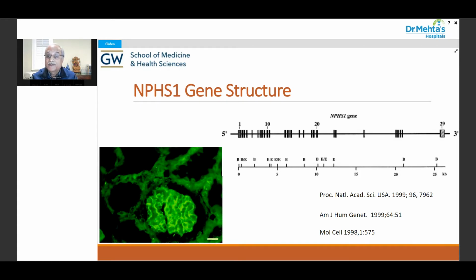What they did was that they actually took pieces of those genes and hybridized E. coli to form the product of that gene, which turned out to be nephrin. And that product that they derived, they purified that protein, then injected rabbits with that particular protein and developed antibodies to it.